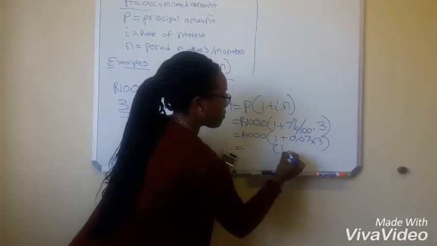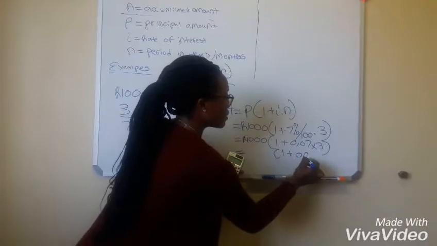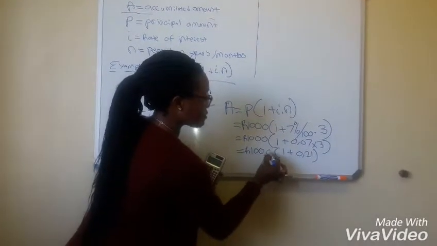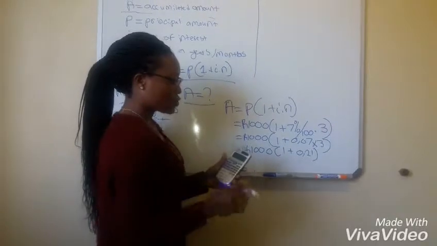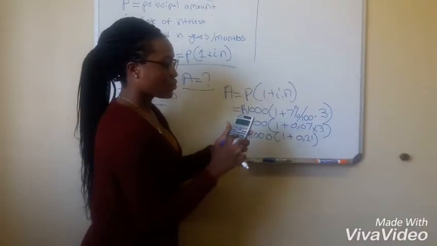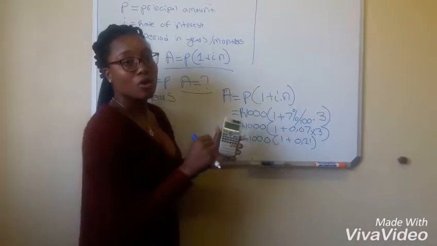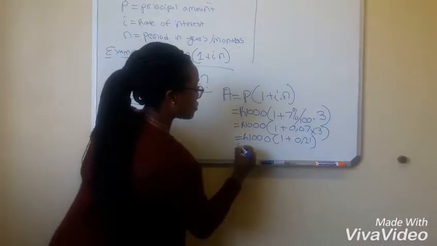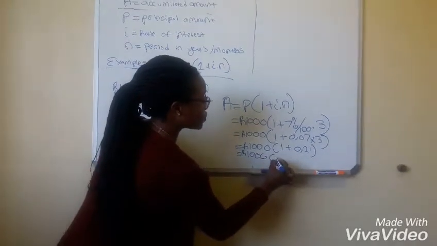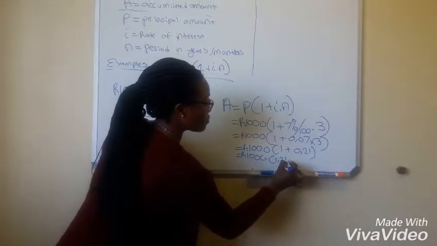It's going to give you 1 plus 0.21. Remember here you still have 1,000 rand of the principal amount. So you're going to say 1 plus 0.21, which is going to give you 1.21. So you're going to have the 1,000 rands into 1.21.